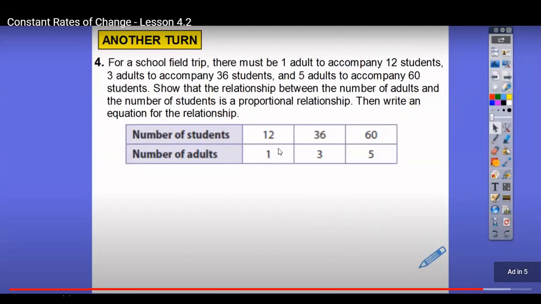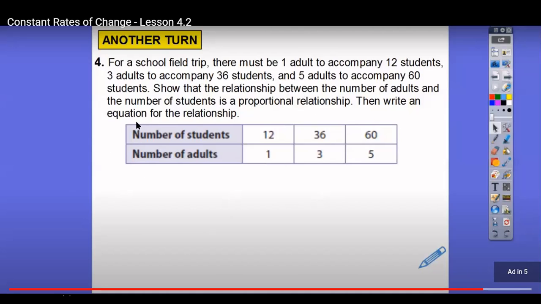So we have a relation between the number of adults and the number of students: 1 adult to accompany 12 students, 3 adults to accompany 36 students, and 5 for 60. Then we are going to form the table. Show that the relation between the number of adults and the number of students is a proportional relationship.